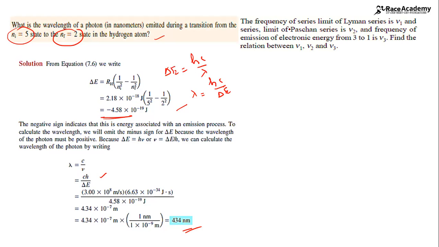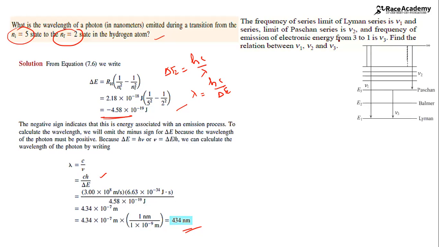Next question: the frequency of the series limit of the Lyman series is V1, the series limit of the Paschen series is V2, and the frequency of emission of the electronic transition from 3 to 1 is V3. Find the relation between V1, V2 and V3. You can understand this from the picture: energy levels E1, E2, E3, with Lyman, Balmer, Paschen.